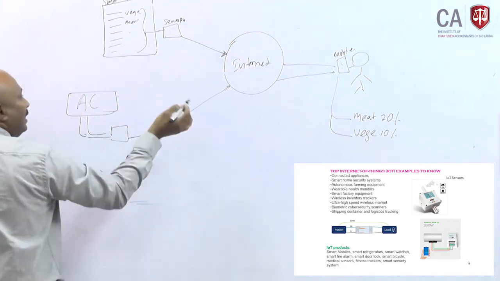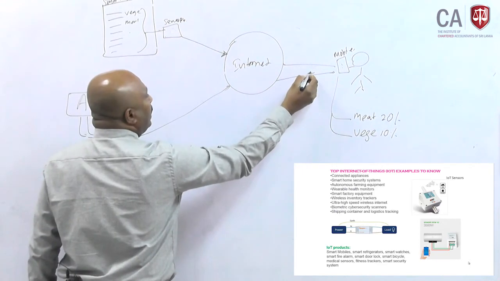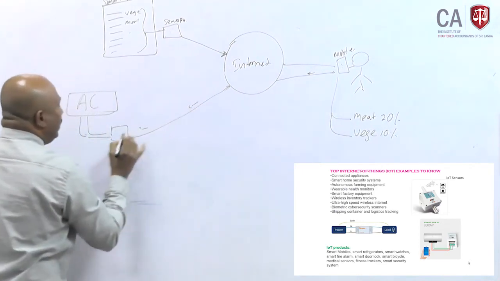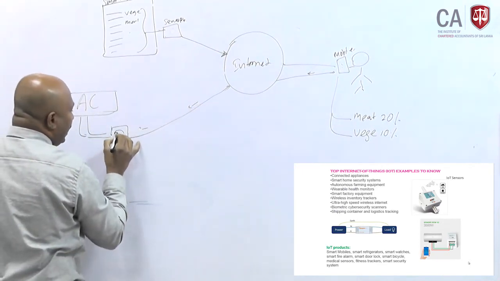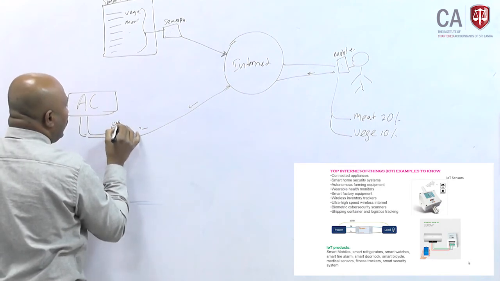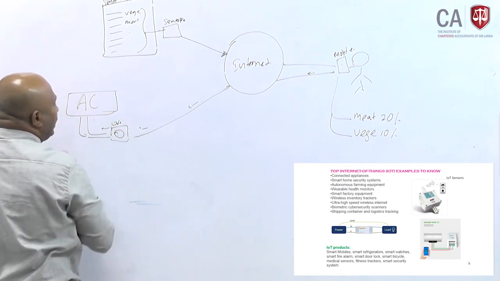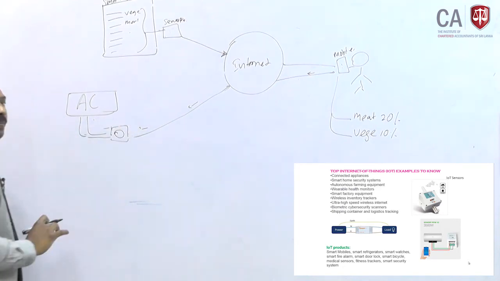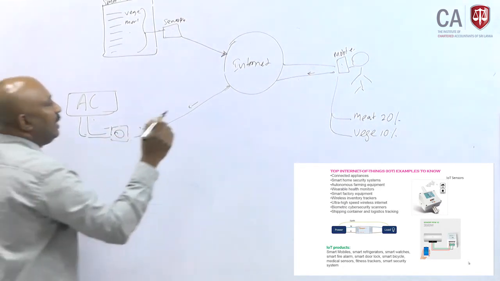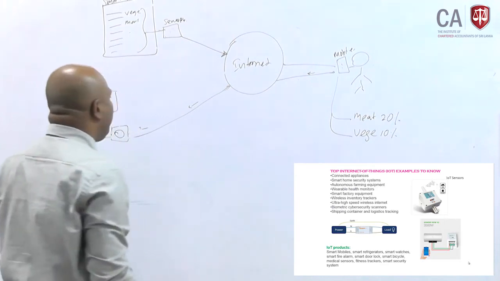You give the information, it comes here, and the command says switch off the AC, and the AC will be switched off. Likewise, you can manage this remotely.